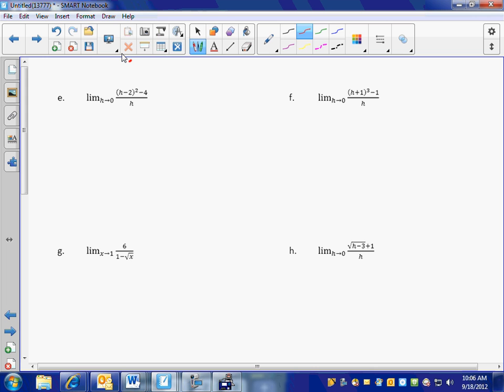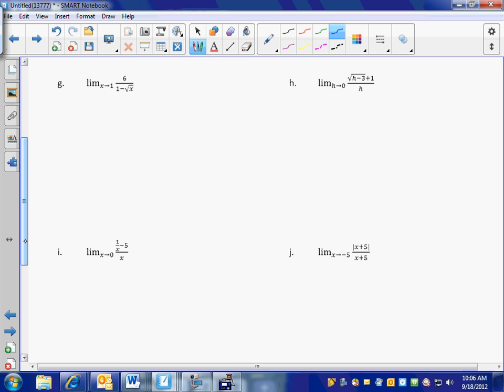All right, these are much more interesting and a little bit more challenging for you. Please change this letter here. Let's write this, the limit as x approaches 4 of 4 minus x over 2 minus the square root of x.